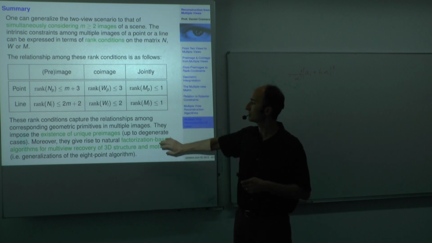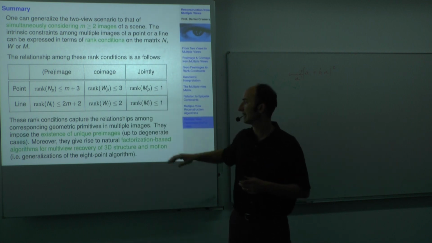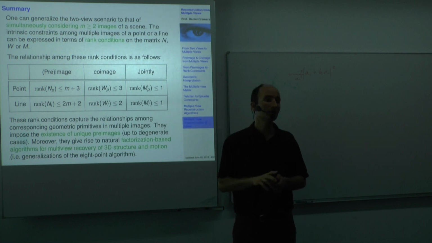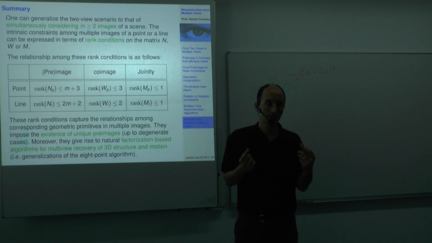And we showed that in principle, these rank constraints can be used to construct a factorization algorithm for multi-view structure and motion, where we alternatingly estimate the camera motion and the 3D structure of points.